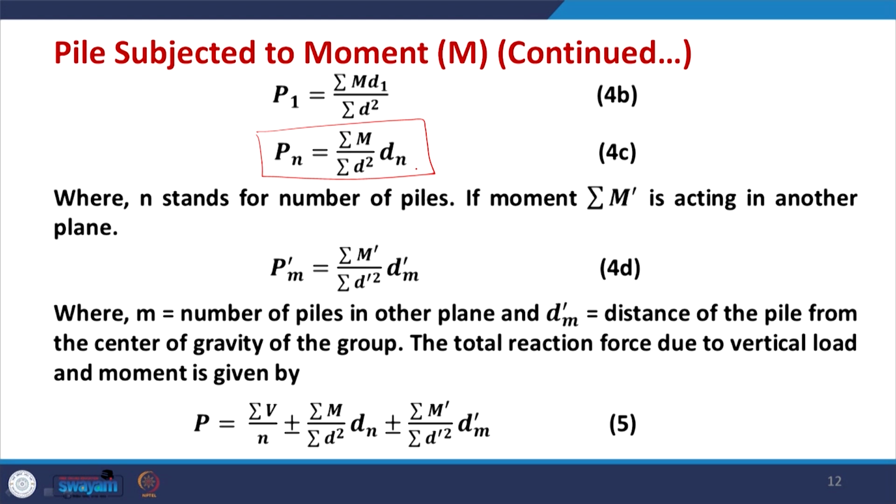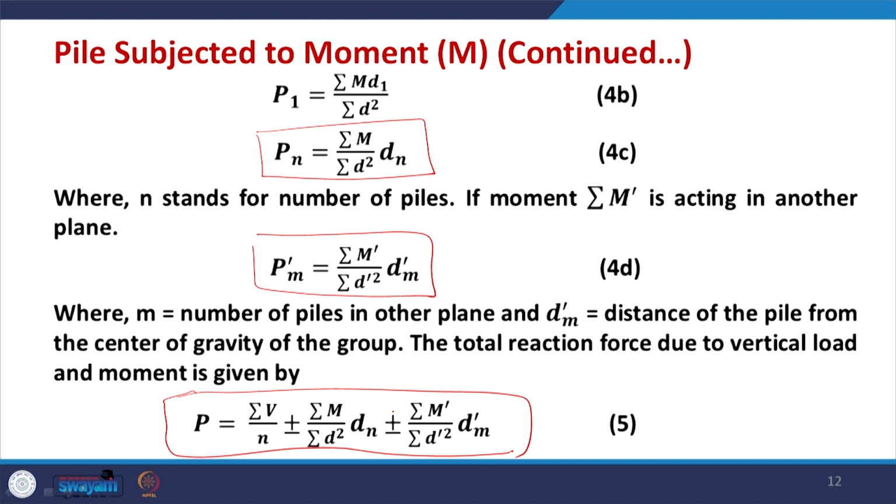If the moment summation of M is acting in another plane also, you may have a similar equation as shown in 4d, and finally due to the moment as well as the vertical load, the total pressure coming on any pile can be found from this relation: P equal to summation of V by n plus the moment terms over summation of d square, with dn plus dm, where n and m are the numbers for which you want to find the load.